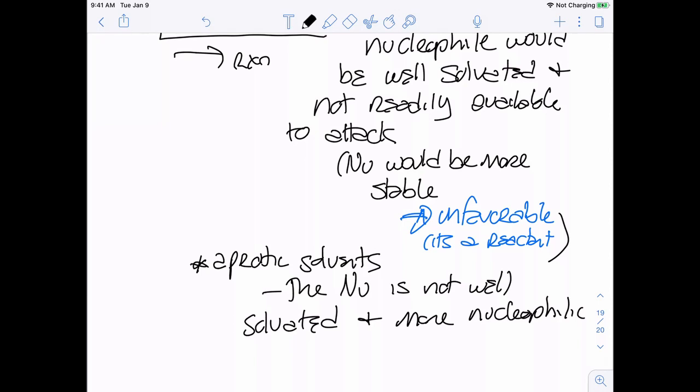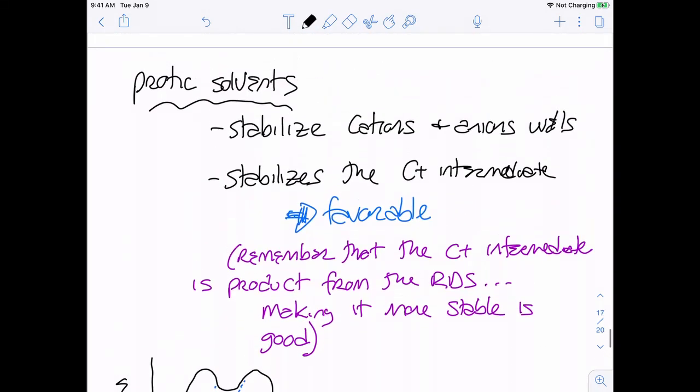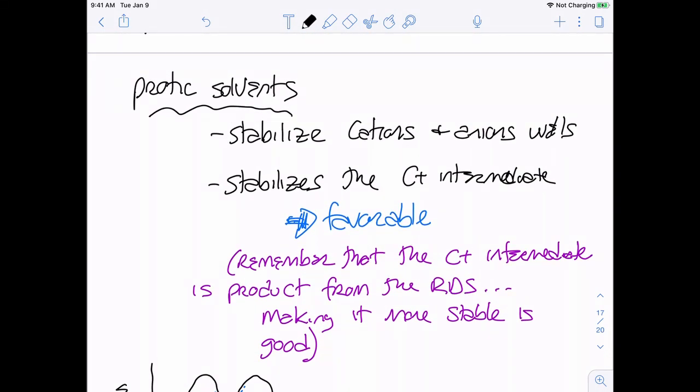So kind of going back up, sorry. SN1 reactions, we're making a carbocation intermediate, and a protic solvent is going to stabilize that, which is a good thing because that's actually the product of my rate determining step.